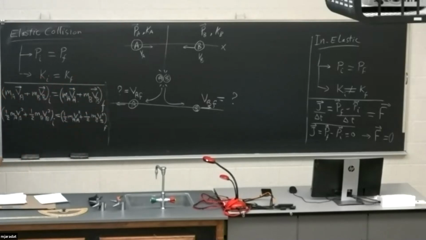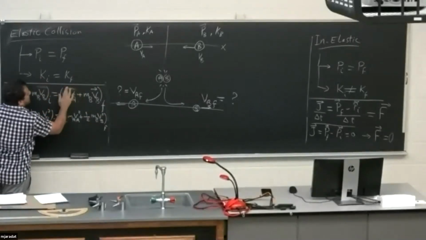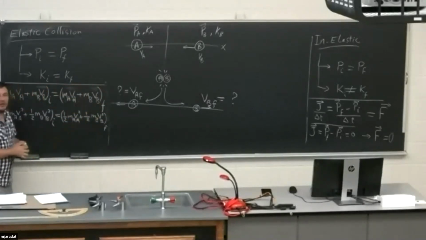Because of that, I don't need you to deal with this problem in 2 dimensions. I don't need the vector, and we need just to deal with 1 dimension. This will simplify the problem, and this will keep also the physics. We can understand the concept of collision.